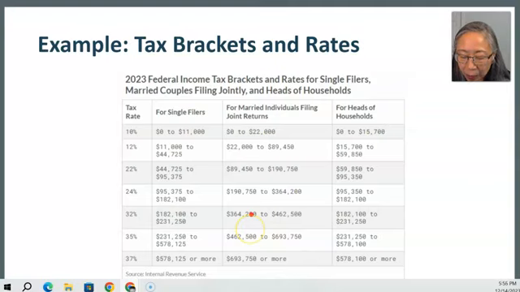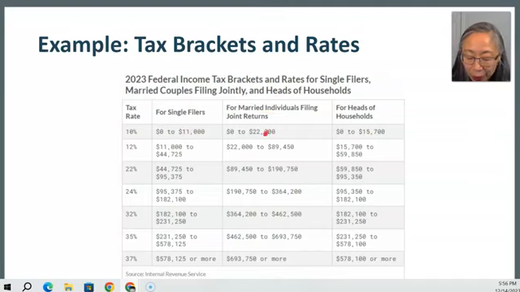So here's an example of tax bracket and tax rates based on different filing status. So you see that, for example, for a single filer, the first $11,000 they make will be taxed at 10%. But for married individuals filing jointly, up to $22,000. So that makes sense. If you're one person, it's $11,000.